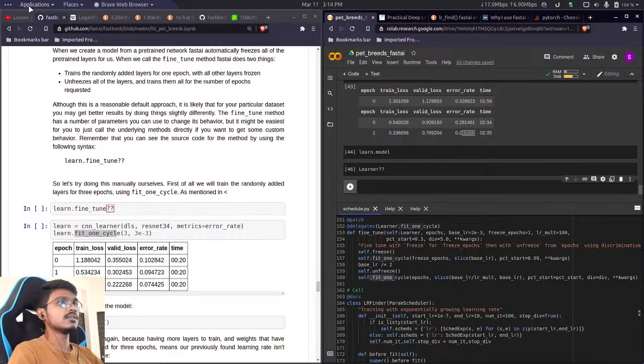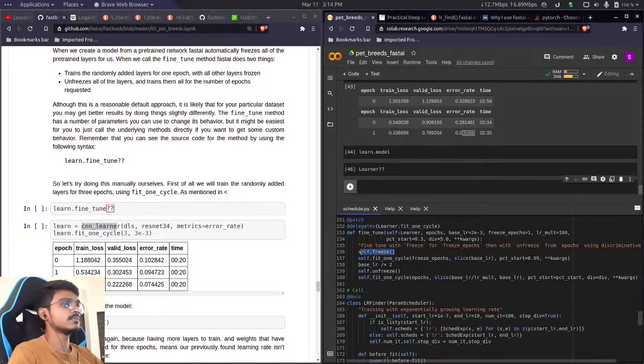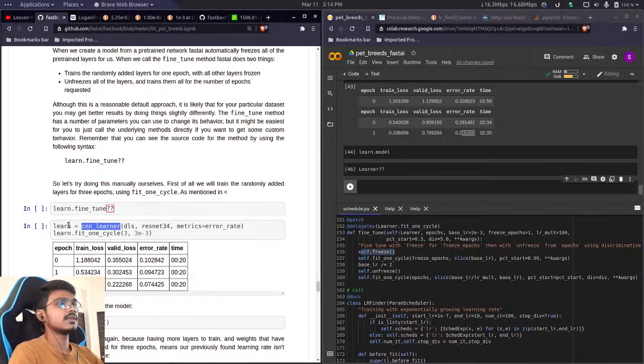In the course, Jeremy does say that the CNN learner freezes the model, freezes the previous layers. Alright, so let's take it as given that the CNN learner freezes the previous layers.